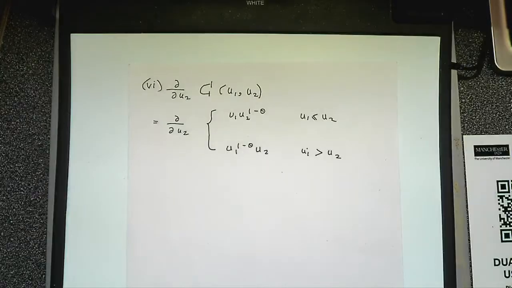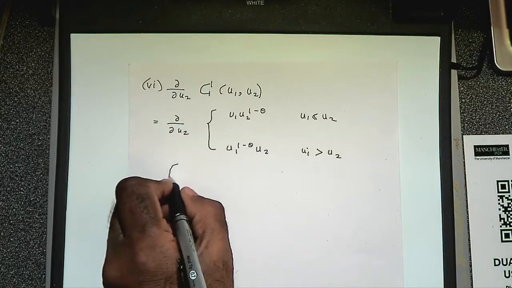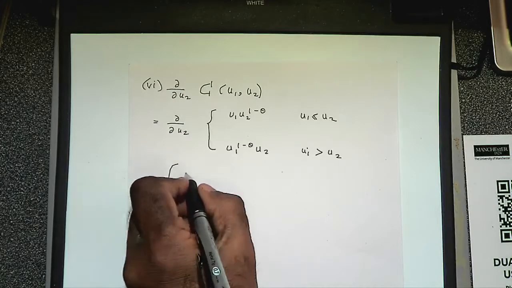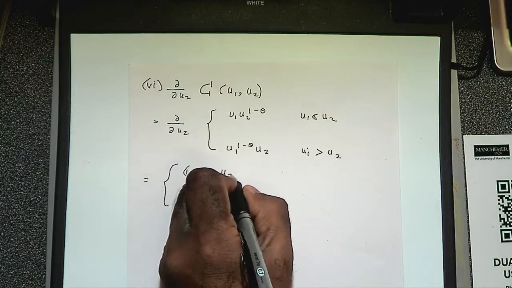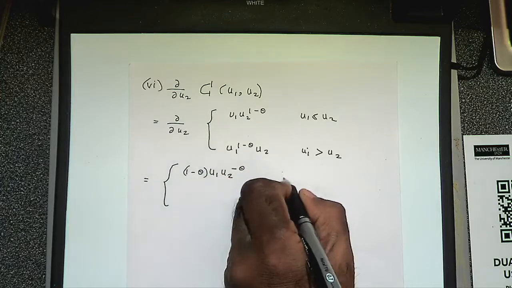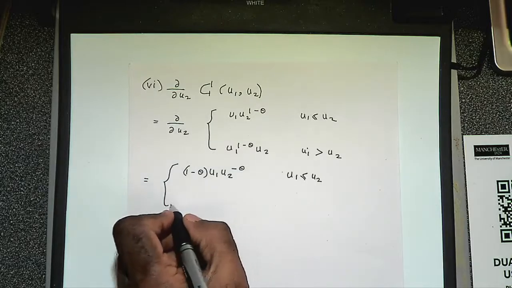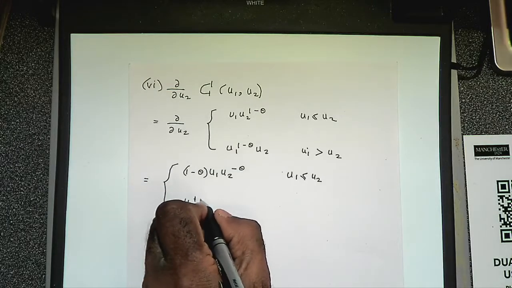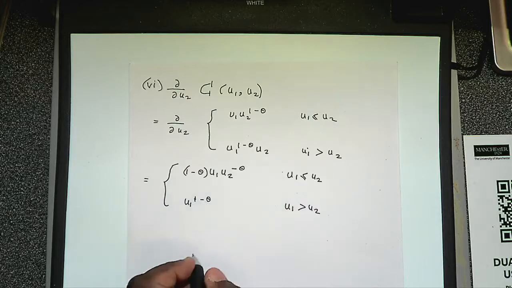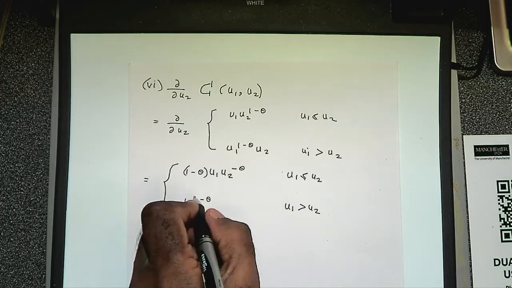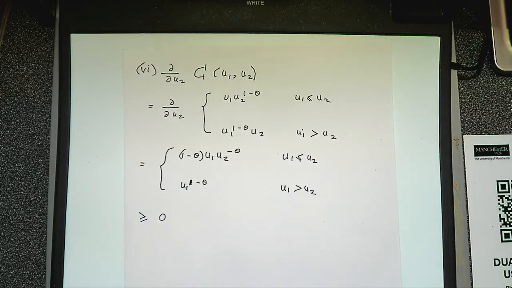If you take the partial derivative with respect to u2, this is what you will get. You will get 1 minus theta times u1 times u2 to the power minus theta, and u1 to the power 1 minus theta. Yeah, and both these are non-negative. Alright, so this is greater than or equal to 0.